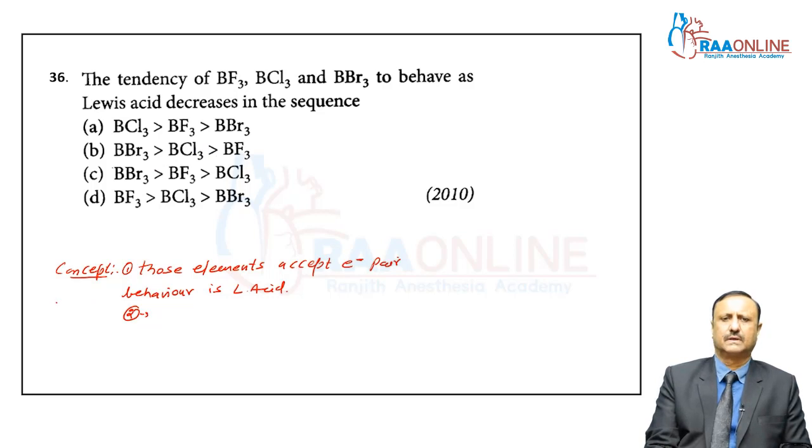So my dear students, if you see these halogens, fluorine, chlorine, bromine, fluorine is smaller in size, chlorine is bigger and bromine is bigger still. Here BF3 is small in size, but BF3 does not accept the lone pair of electrons as readily. Its Lewis acid behavior is less compared to bromine and chlorine. Why? You can see when size is bigger, Lewis acid behavior is greater.